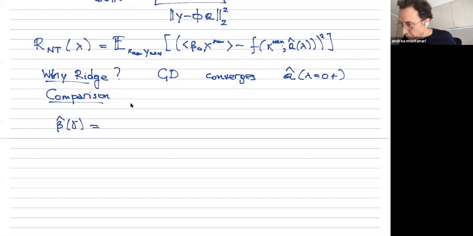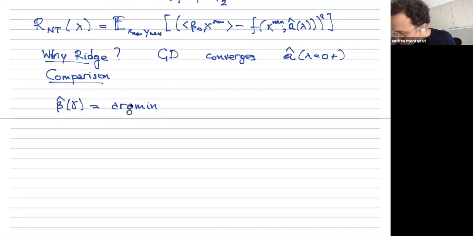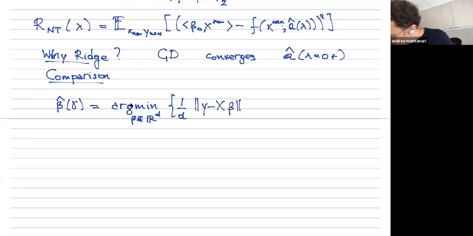It is what you would do if you didn't know anything about neural networks. You fit just a linear model in the d dimensions, with regularization parameter gamma.